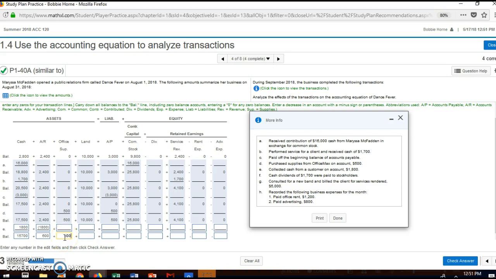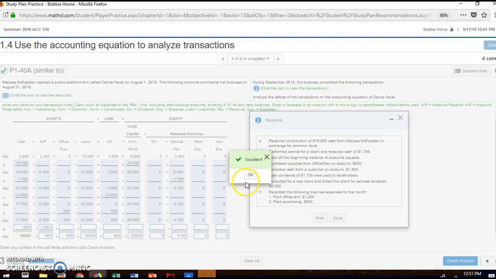Let's go ahead and put all these in. Oh, wait a minute. I'm adding here instead of subtracting. So that would be 19,300. Yes, okay.